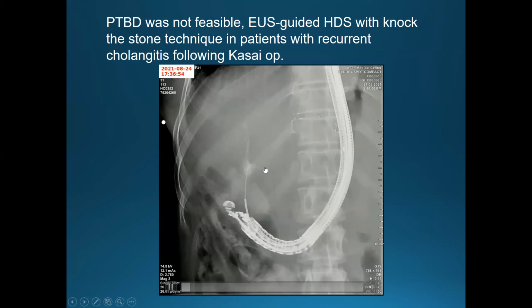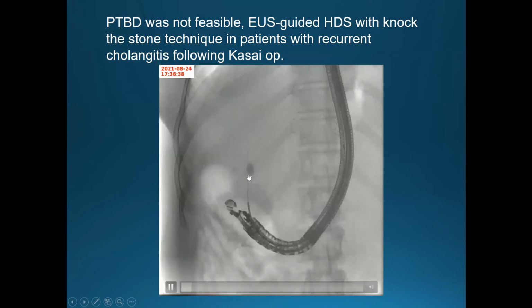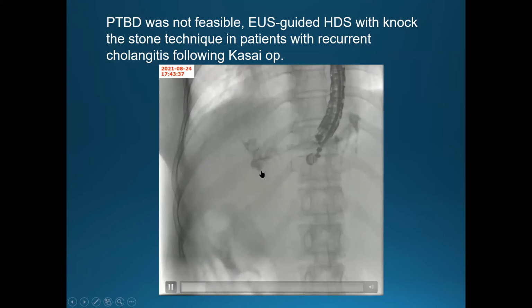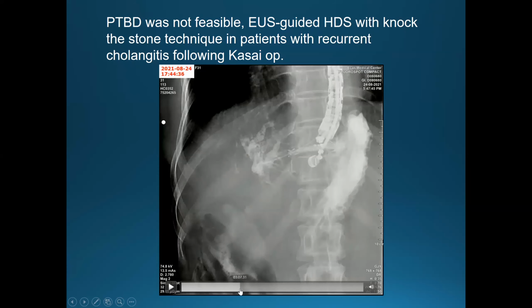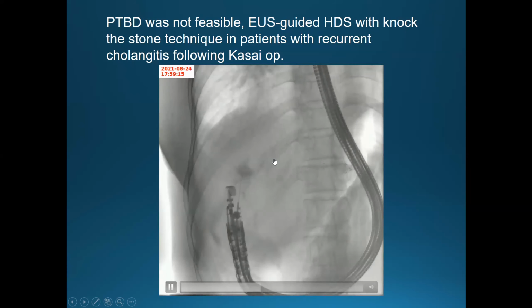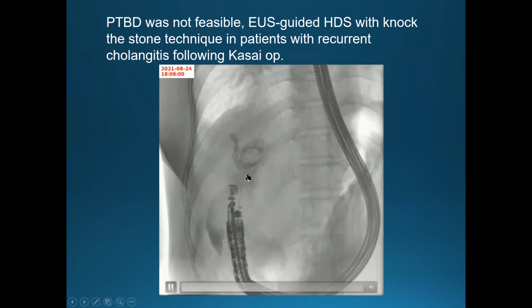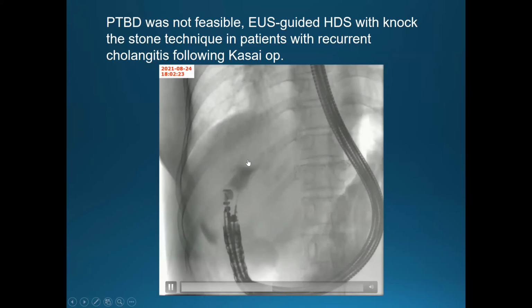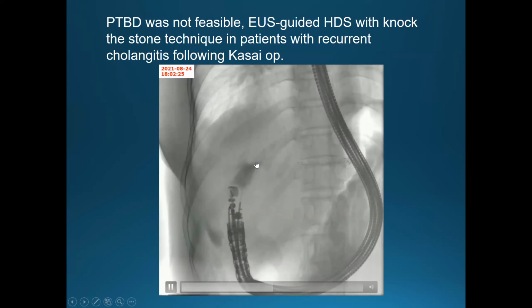There's still just a vessel after puncture. But on EUS, there's a scope. The stone is inside the bile duct. So we performed needle puncture of the stone here. As you can see, there is a stone here.